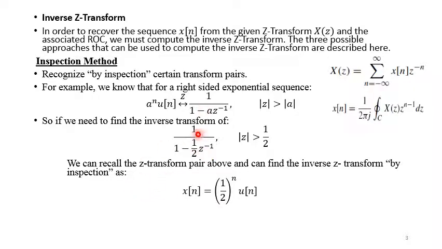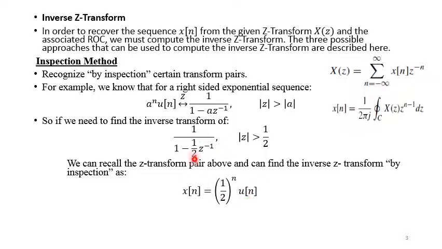By comparing with this generalized equation and knowing the ROC, which is for a right-sided sequence because the absolute of Z is greater than the absolute of a, we can straight away find the inverse Z transform of this expression, which is x of n equals 1 over 2 power n u of n.